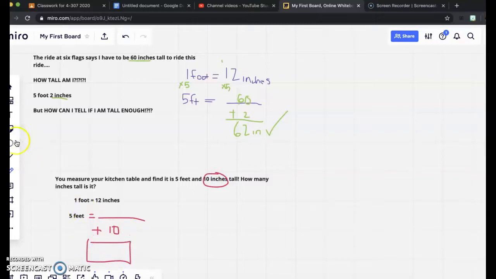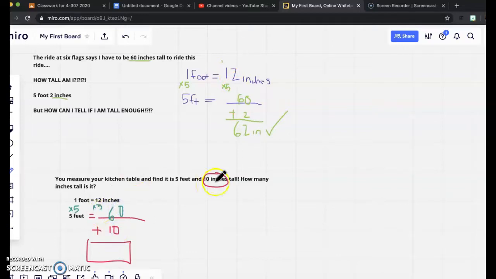Well, start off. 1 times 5 makes 5. We just want to go from 1 foot to 5 feet, so we multiply by 5. Then we have to do the same thing to this side, and we already know that it's 60 because 12 times 5 was up here, so 60, right?